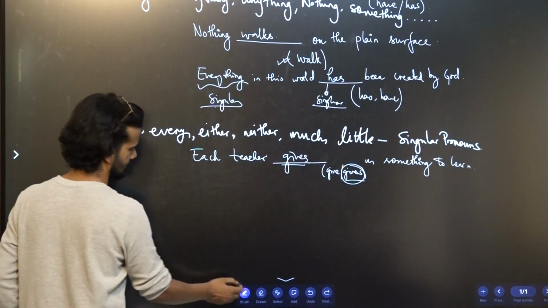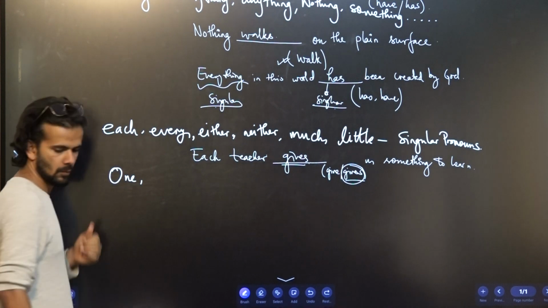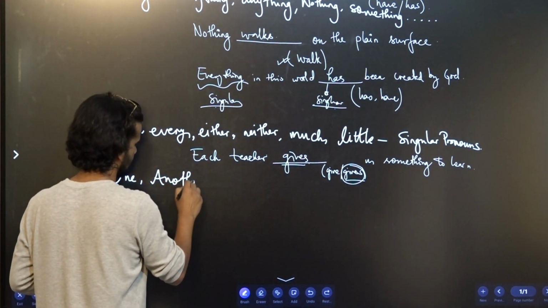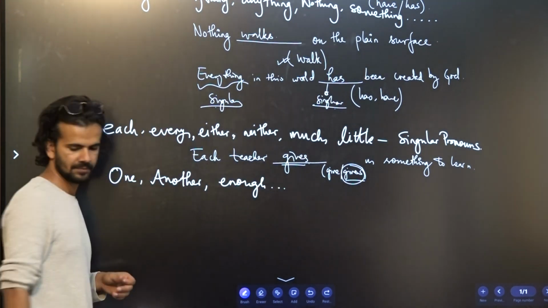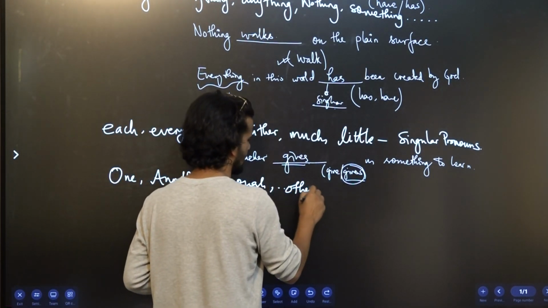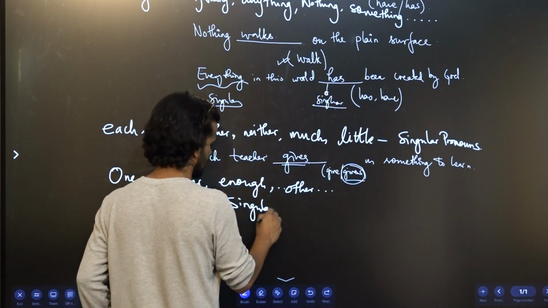One, another, enough, etc. Other. Let's take this one also, other. And so these are also singular.